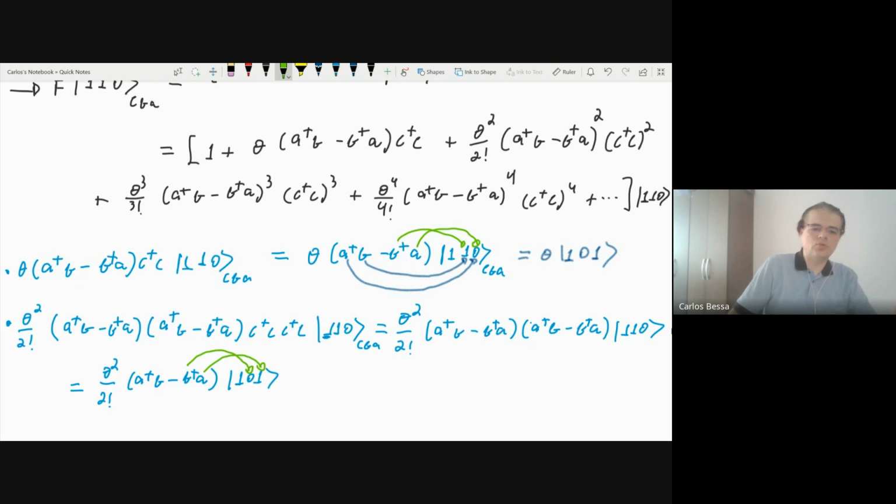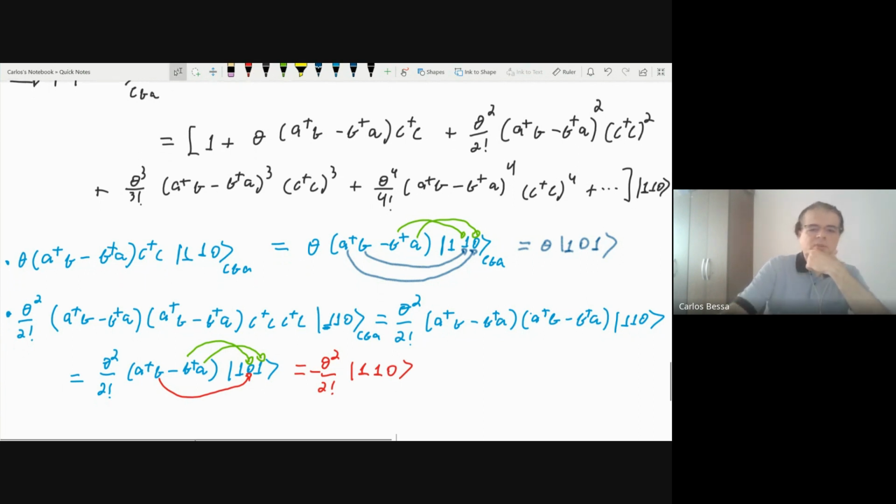Because the destruction goes to 1, so now it's vacuum. B dagger, that's the creation, goes to the vacuum, creates one state. And the positive now is 0, because B, the destruction operator applied to this one, destroys, and we have 0. So the final result will be theta square over 2 factorial, negative sign, that's the sign here. So 1, B dagger applied to the vacuum creates 1, and A applied to the single photon state destroys, 0.